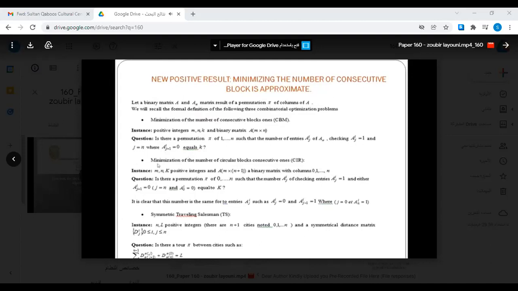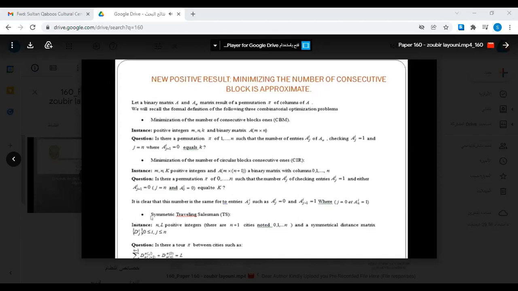Second, the minimization of the number of circular consecutive ones blocks. The instance is a matrix with integers, and the question is: is there a permutation P so that the number of entries checking some condition is equal to K?